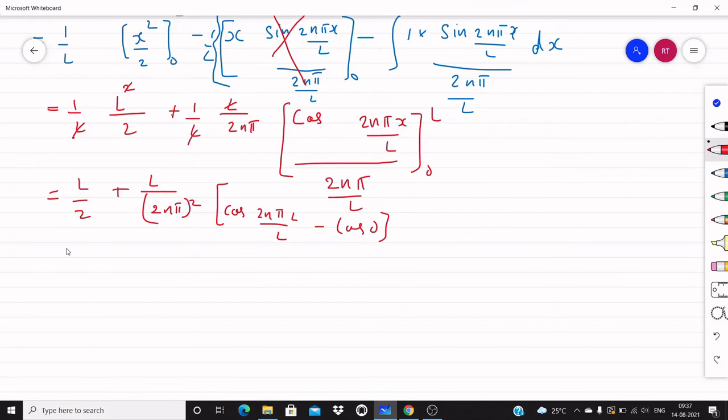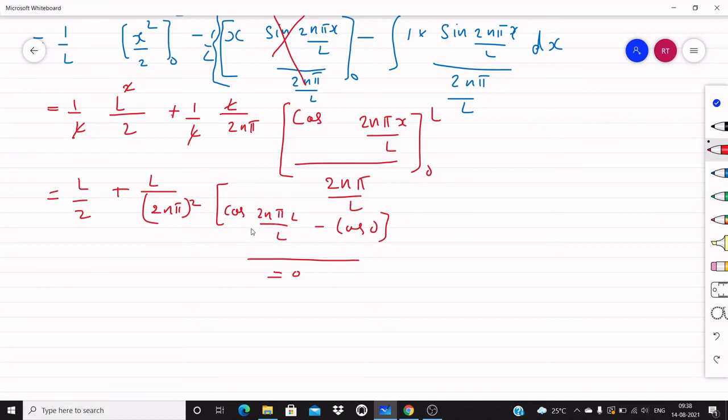So this term will be cos 2 n pi, which means this is equal to cos 0 itself. This term also will be cancelled. So what remains is this is going to be 0, because 2 n pi means the value of 2 pi. 2 pi is cos 0 itself.